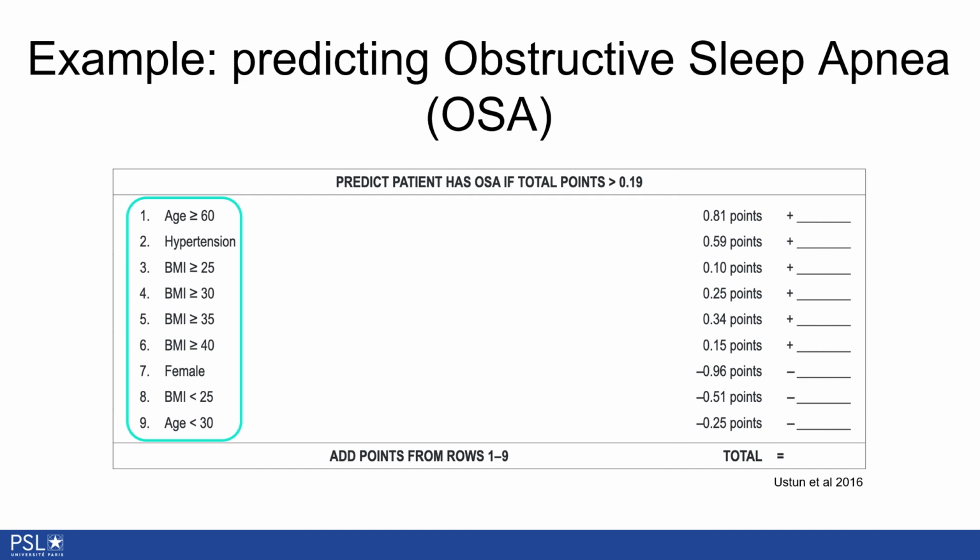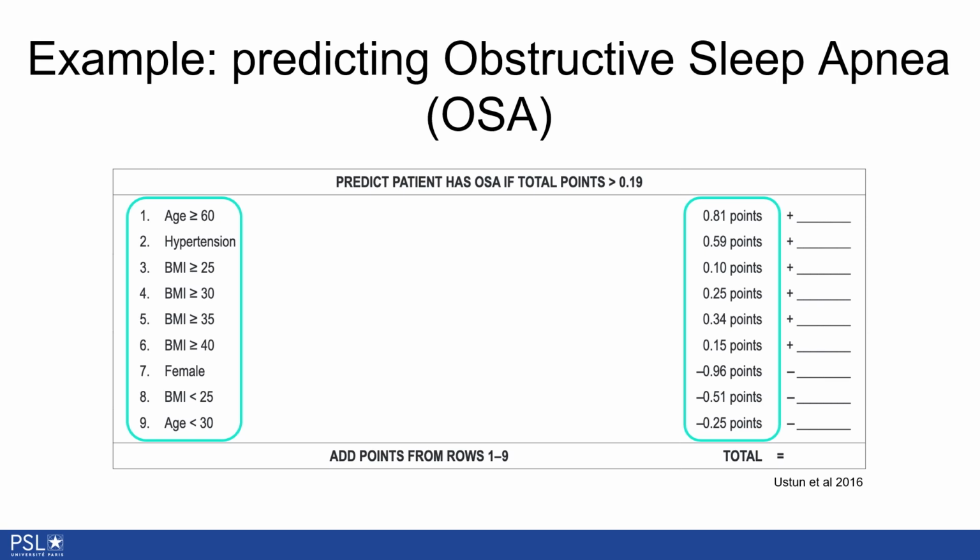Each of these binary features was assigned a score, listed here in the right column. And the features were listed by decreasing values of the score. These scores directly correspond to coefficients beta in the logistic regression model. So when a feature is present, the corresponding score is added to the total.